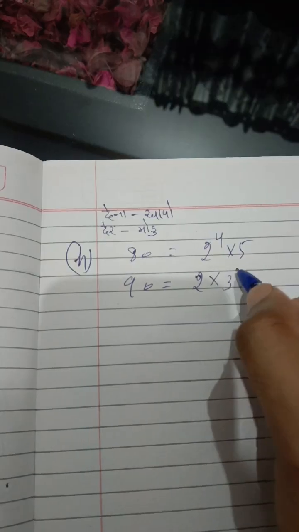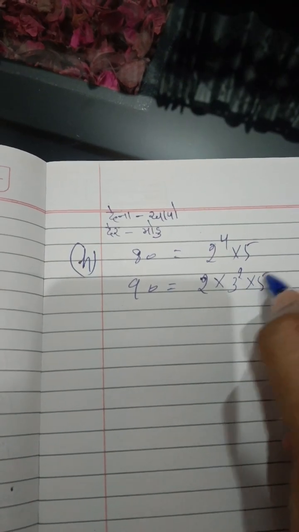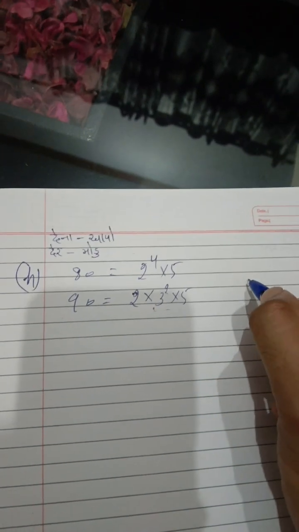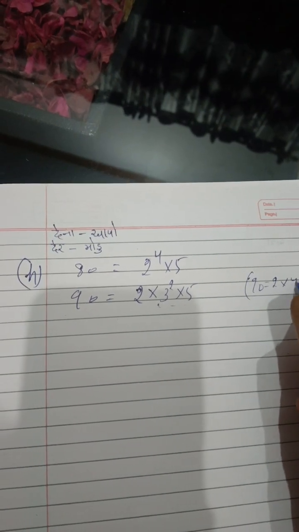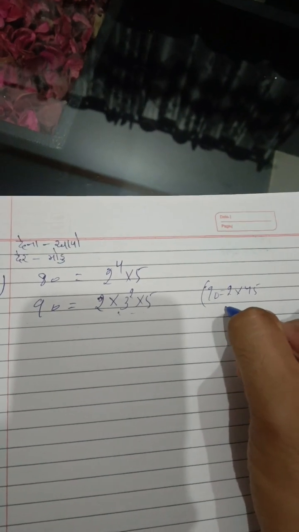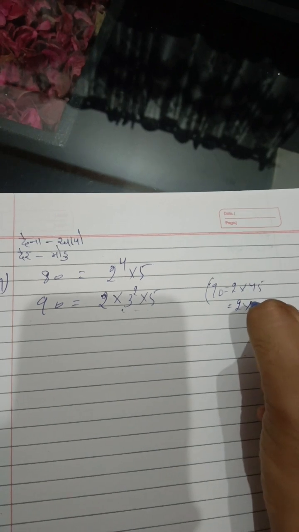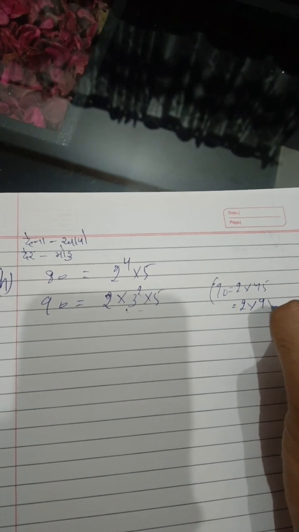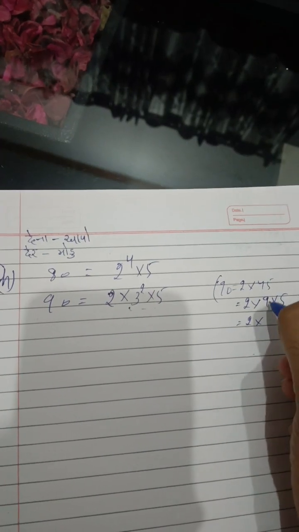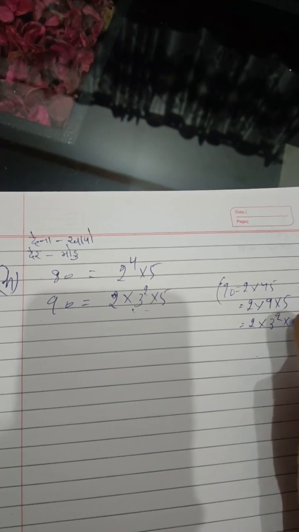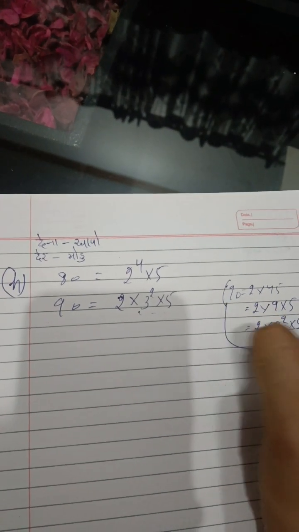And 9 is equal to 3 square. See, this is 90. 90 is 2 into 45, 45 means 9 into 5, and 9 means 3 square. So 90 is 2 into 3 square into 5. This is how we do it.